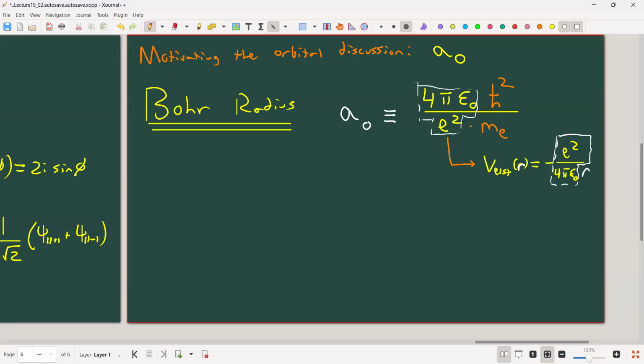Okay. What about the h bar squared over m e? Well, the centrifugal term was equal to h bar squared over 2 m e r squared times l(l plus 1).